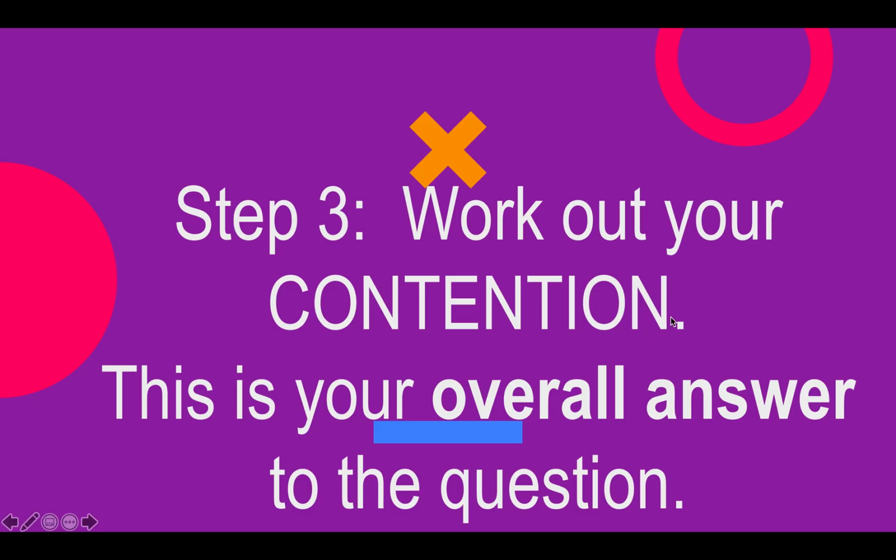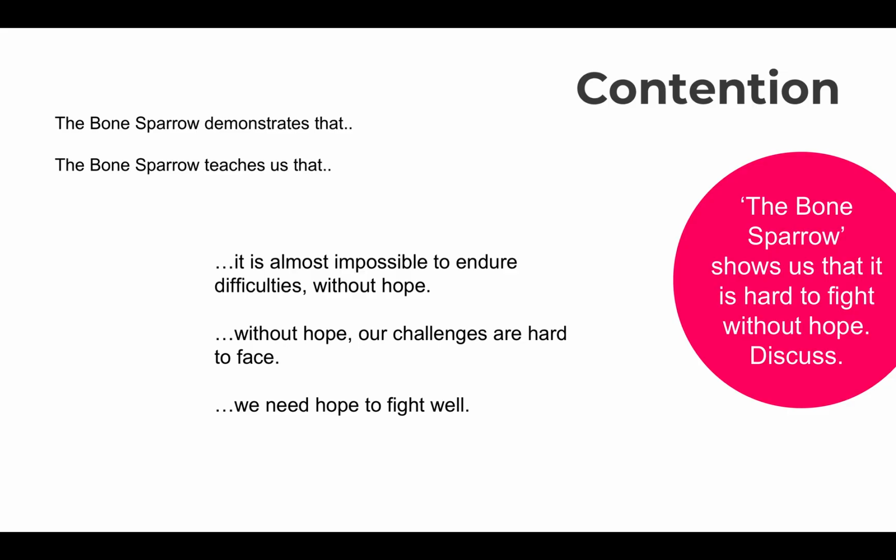So what you're going to do now is you've read the question and then you have brainstormed different words from the essay question. Now you need to decide your contention. This is your overall answer to the question, your big argument. What is your contention? So I've given you 3 examples.